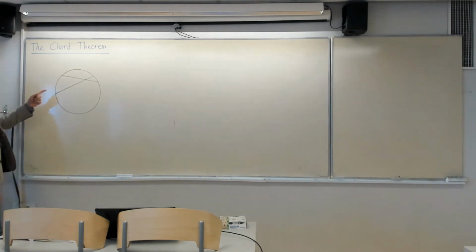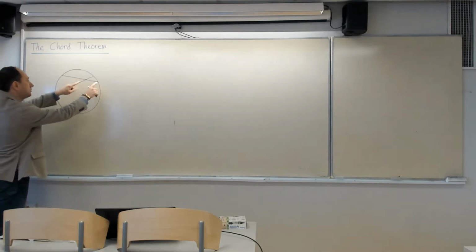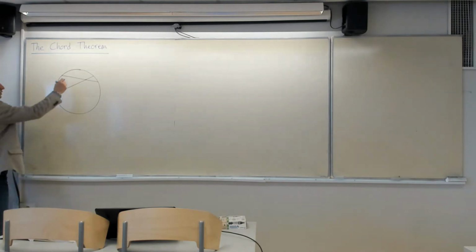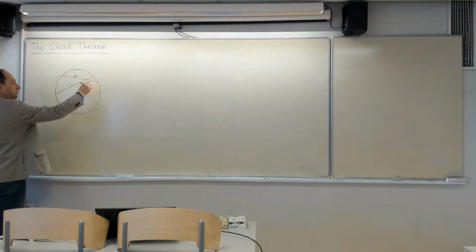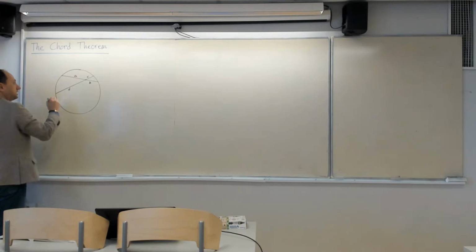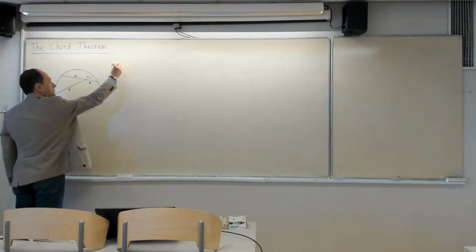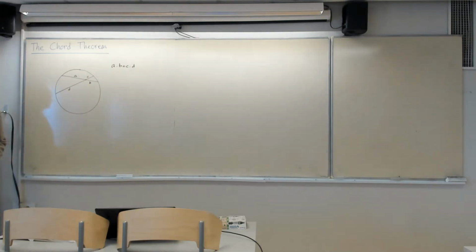Okay, so I have two intersecting chords, and then the lengths of these are somehow very nicely related. So if the length here is A, and the length here is B, the length here is C, and the length here is D, a very nice relation is telling you that A times B is always equal to C times D. Okay?